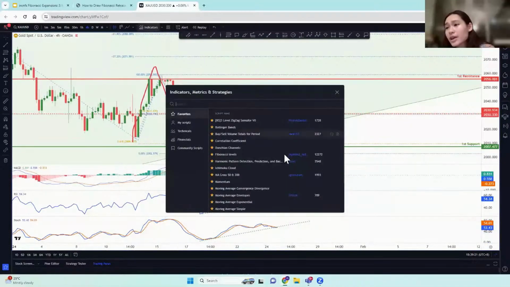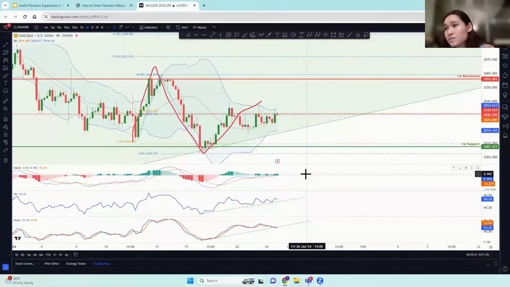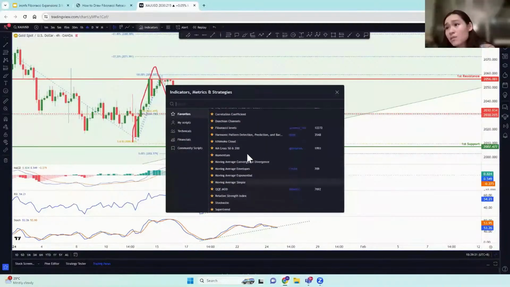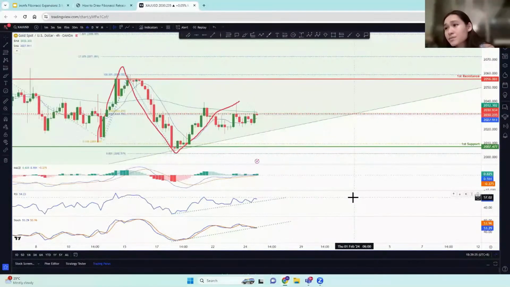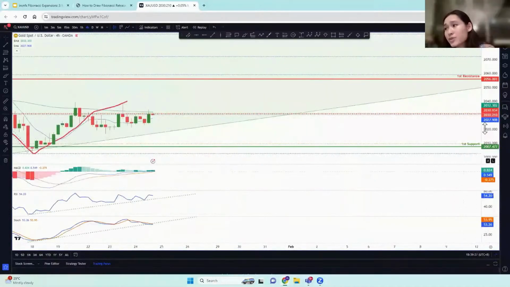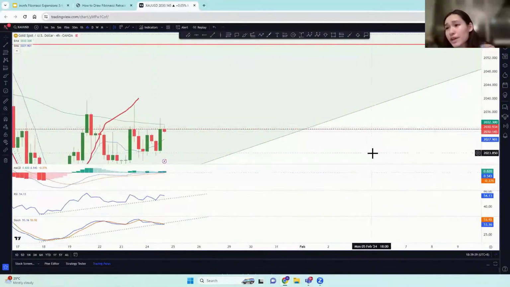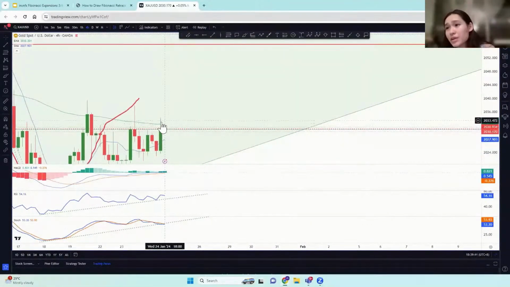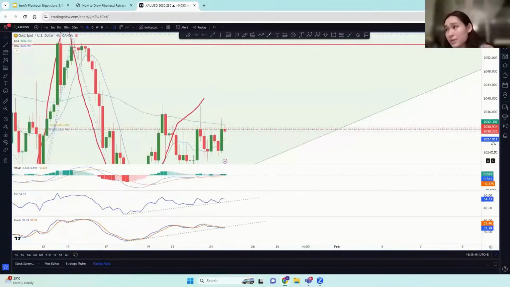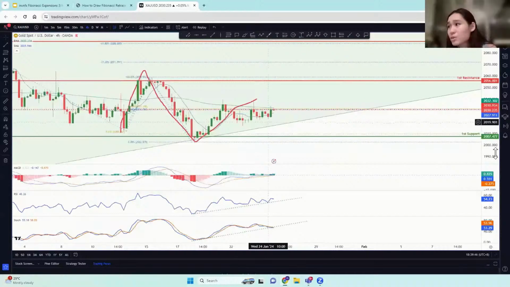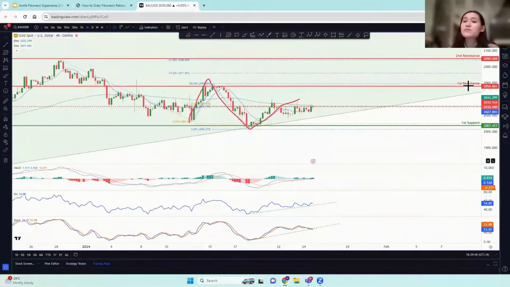Let's maybe look at Bollinger Bands. It's not really telling us much. Moving average. Price looks like it's moving above both of the averages. You can see the red wick is starting to move above our green EMA. So that also supports our analysis.